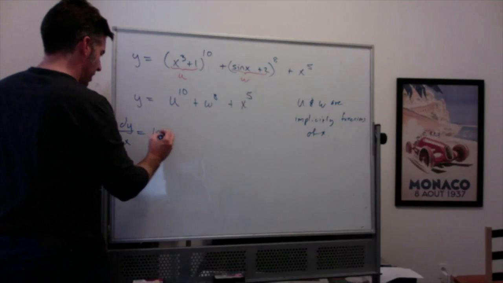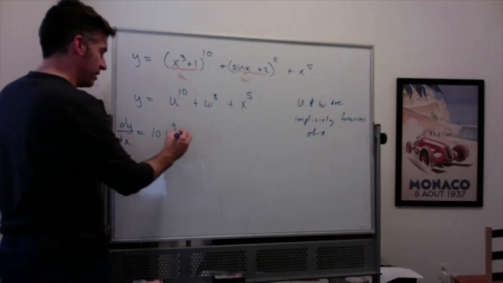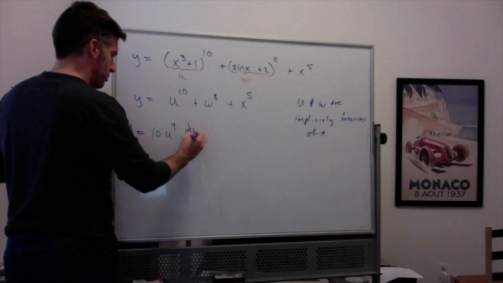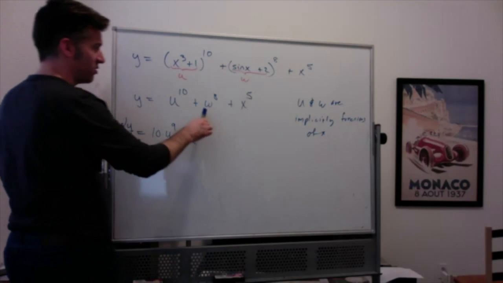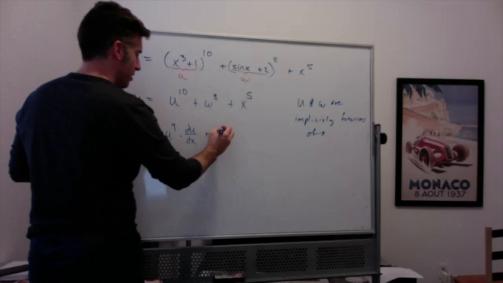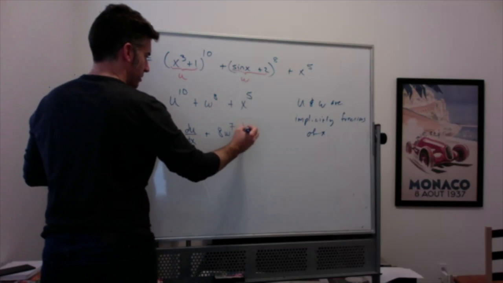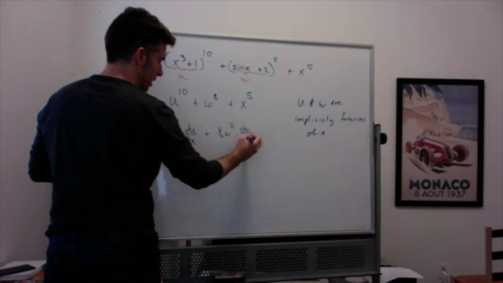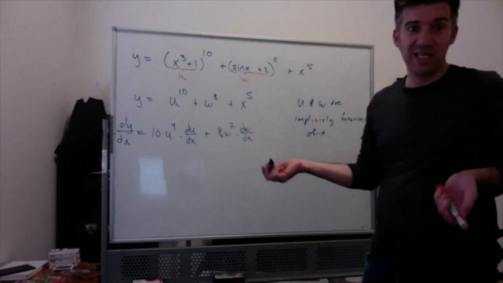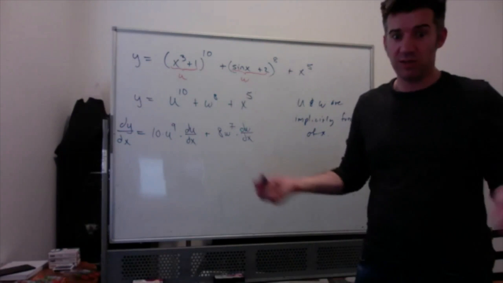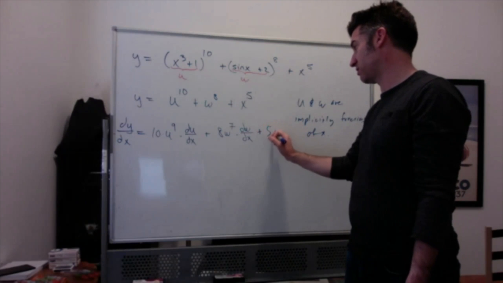It's 10 times my stuff to the 9th power times the derivative of my stuff. Similarly, the derivative of w to the 8th is 8 times my stuff to the 7th power times the derivative of my stuff, which is dw dx. But the derivative of x to the 5th is just 5x to the 4th, since x is the variable I'm differentiating with respect to.